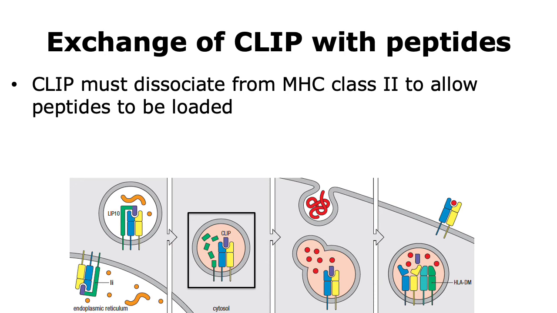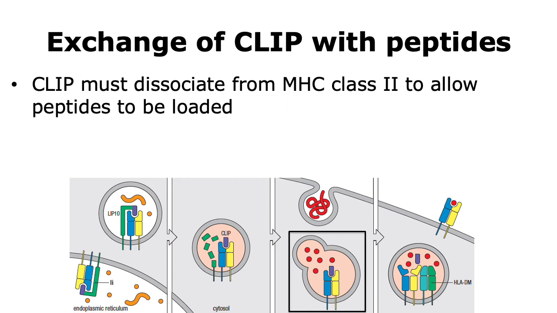Now, as it moves from the ER to different endosomes, ultimately the MHC Class II will be present in a compartment where the peptides that will be loaded onto MHC Class II will also be present. In such scenarios, the CLIP peptide must dissociate from the MHC Class II molecule so that the other peptides can be loaded.